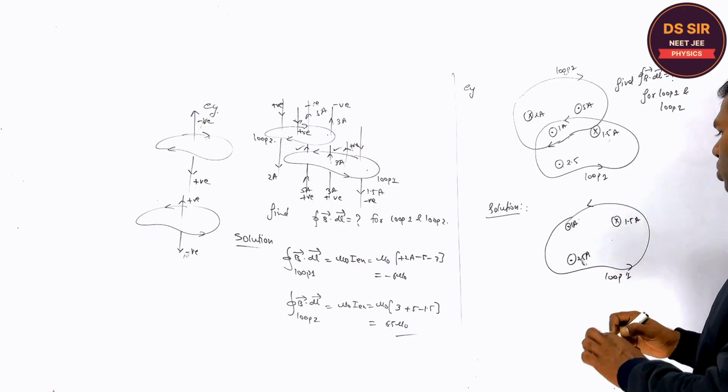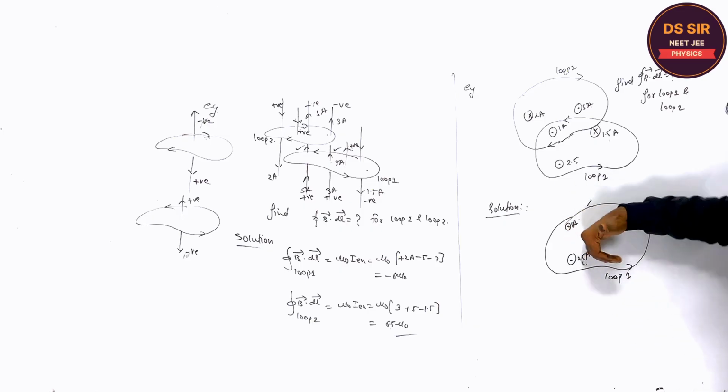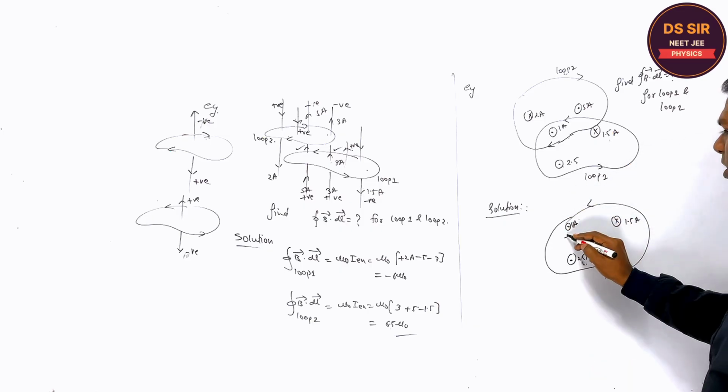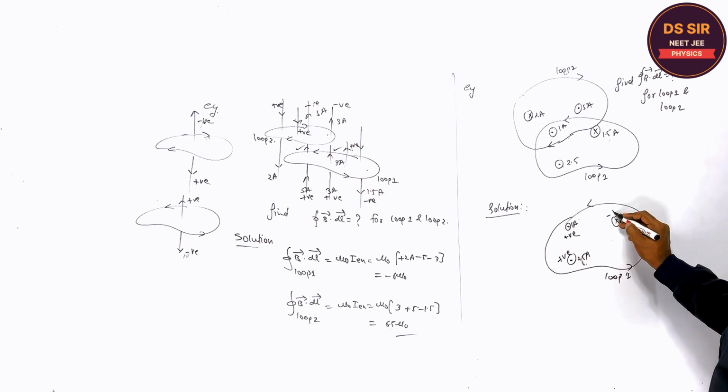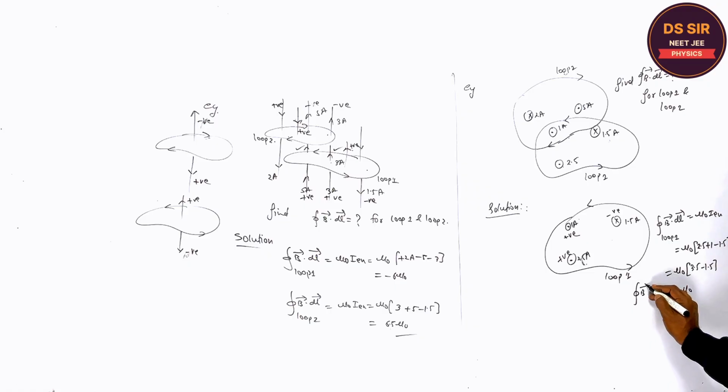The up direction, out of the board, is taken as positive, therefore into the board is negative. So B dot dl for loop 1 is equal to mu naught times I enclosed. It is 2.5 plus 1 minus 1.5. It is equal to what? 3.5 minus 1.5 is equal to 2 mu naught. It is the value of B dot dl for loop 1.